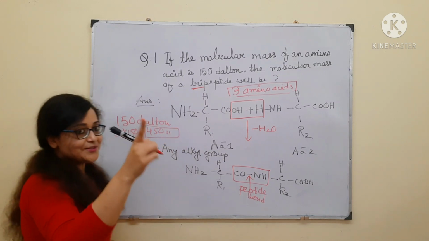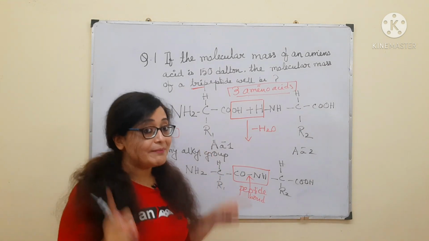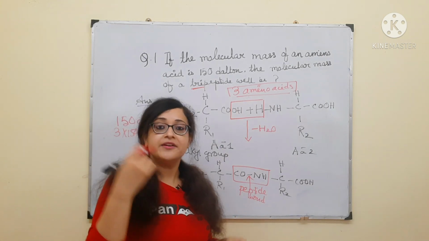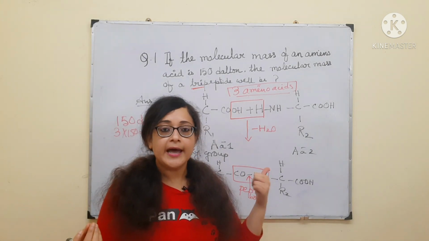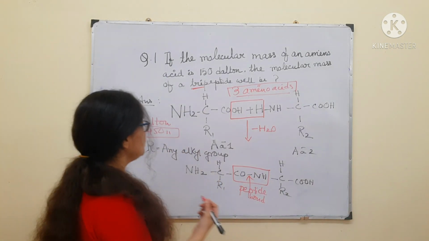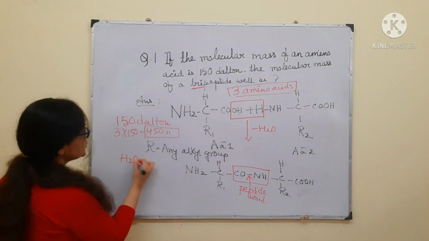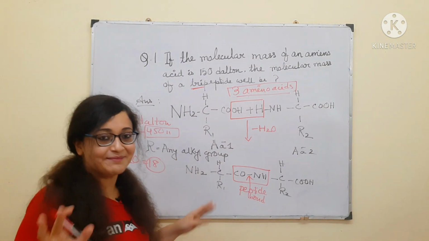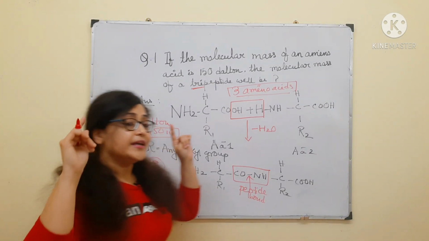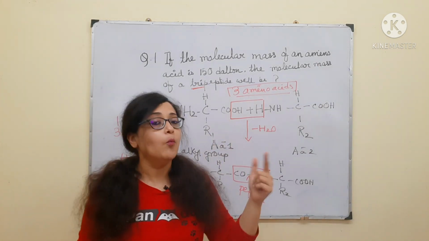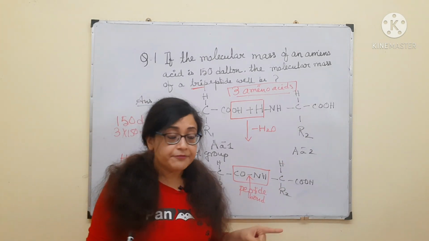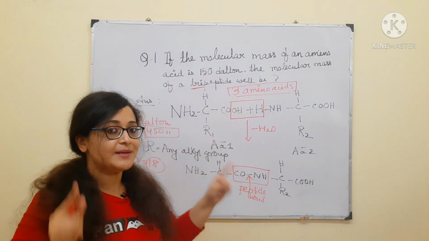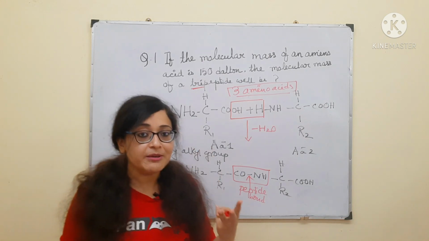But wait guys, this is not the answer, because we should remember that while forming one peptide bond, one molecule of H2O is released, right? And the molecular weight of one H2O molecule is, we all know, 2 plus 16, 18. This much chemistry I think my students know very well. So, at the time of formation of a single peptide bond, one water molecule is released. If two amino acids are making one peptide bond, then how many peptide bonds will be produced by 3 amino acids?